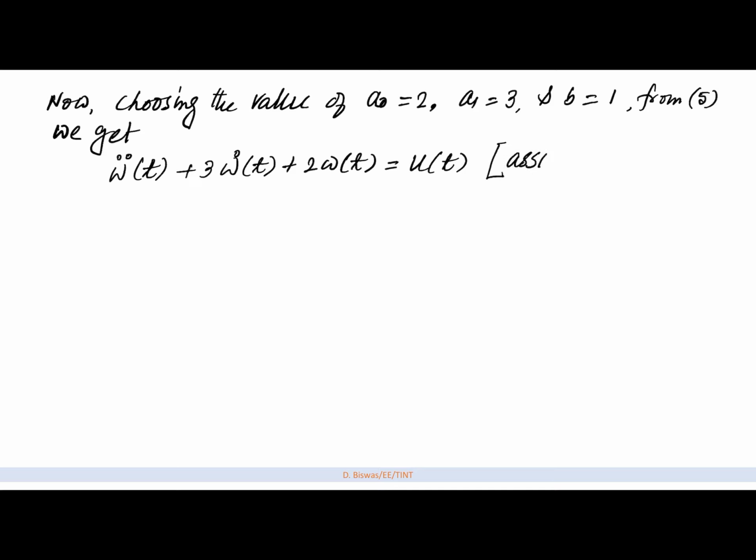We are assuming Vt is equal to ut. This is the dynamical equation of armature controlled DC motor, considering voltage is the input and angular speed is the output.